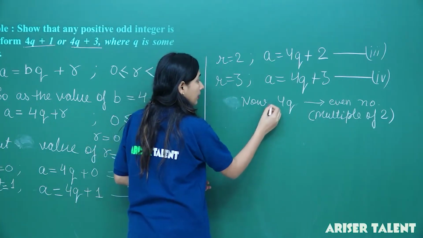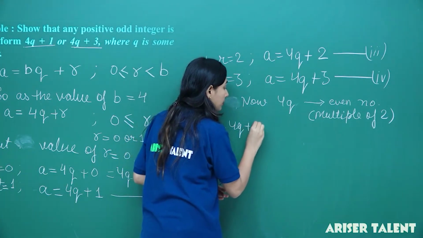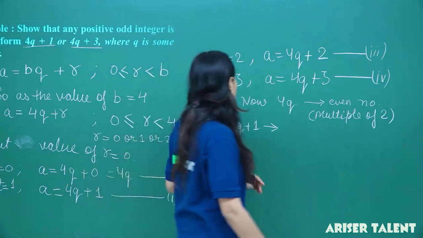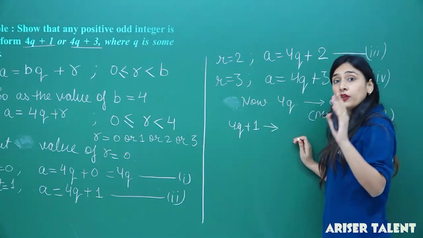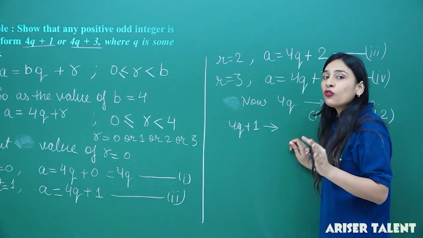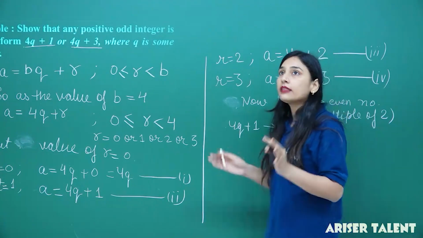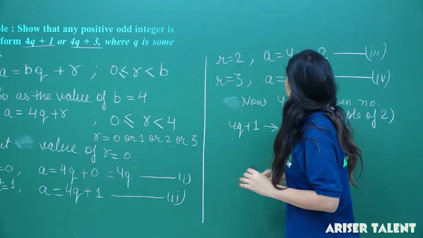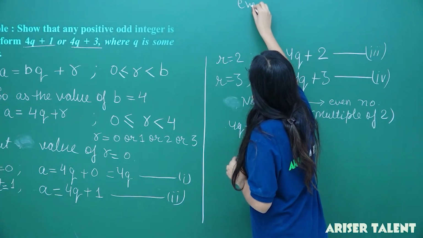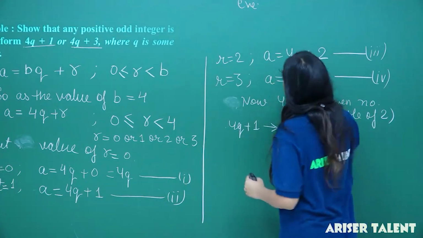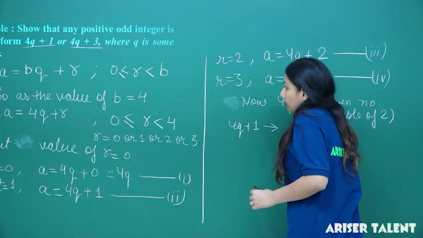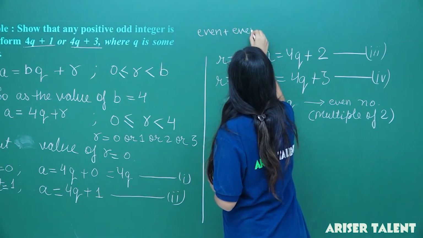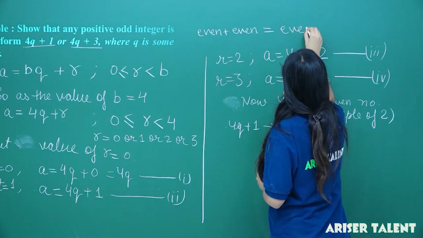Now, 4q plus 1. This is what? We have studied that the consecutive number of an even number is an odd number, and an even number plus an even number will be an even number.